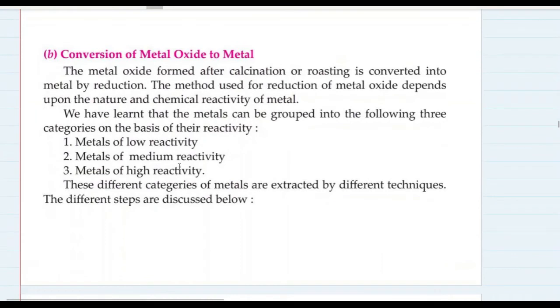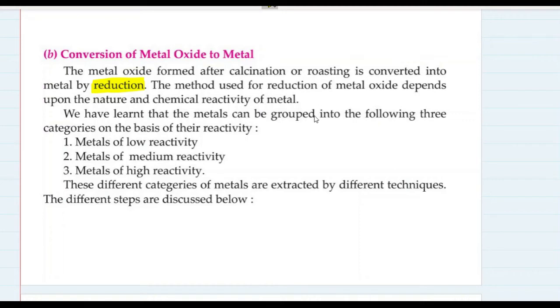Conversion of metal oxide to metal. Now we are at the second last stage, you can say third last or second last. The metal oxides formed after calcination or roasting are converted into metal by reduction, and everybody knows what reduction is. Reduction is removal of oxygen. The method used for reduction of metal oxide depends upon the nature and chemical reactivity of the metal.